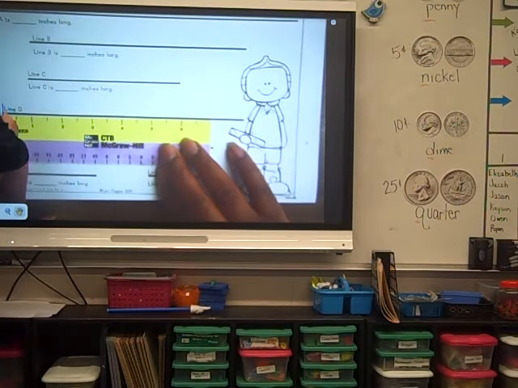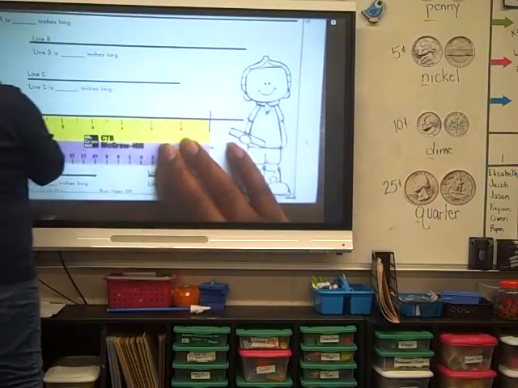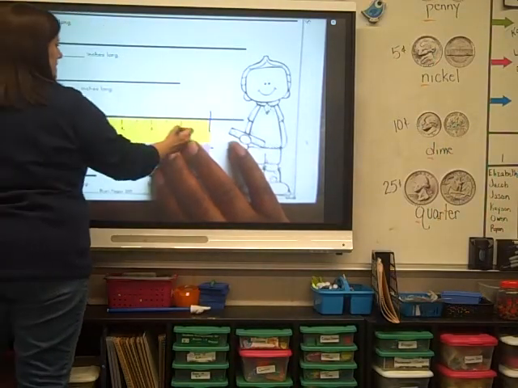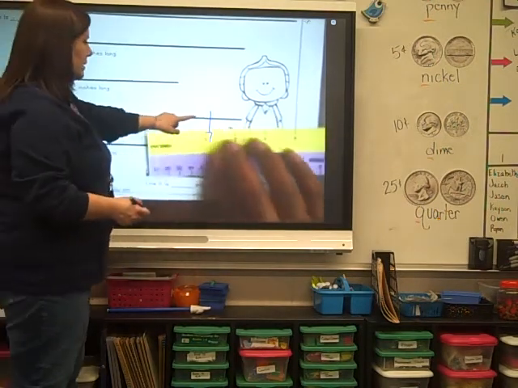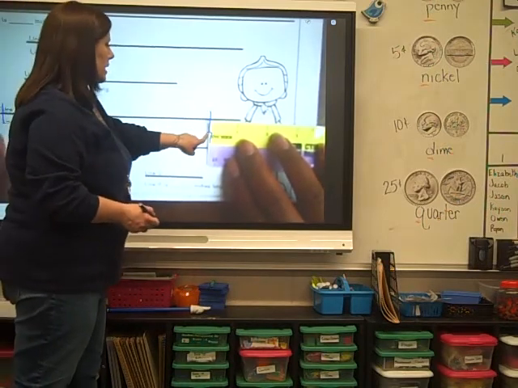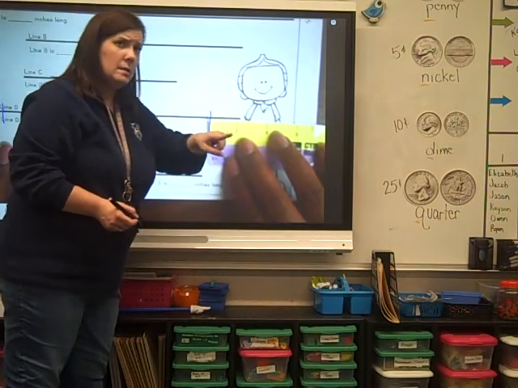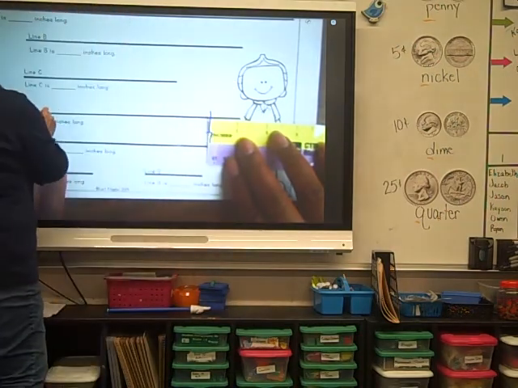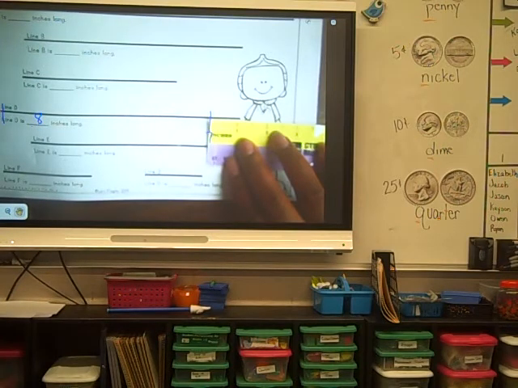Okay, line it up here, go all the way to the end. Here's right there. So that's 1, 2, 3, 4, 5, 6, 7. And then we got to pick our ruler up and move it to our line. There's 1 more inch, so 7 and 1 more inch, 7, 8, you're right. So put 8.